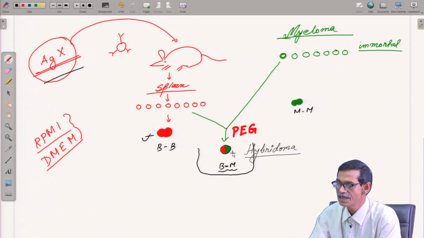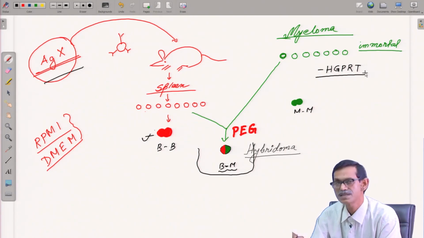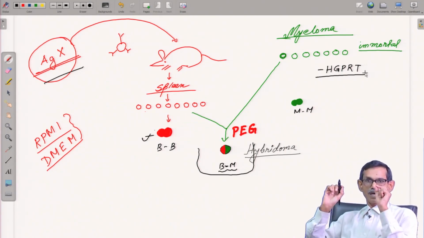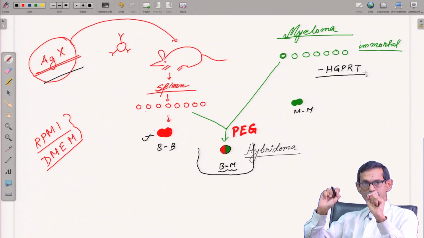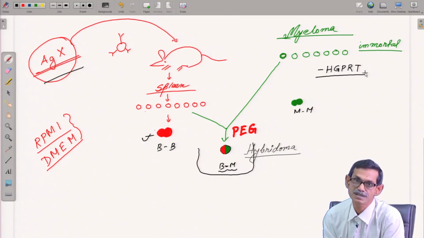For that, this myeloma cell was chosen in a way that they are mutant in HGPRT. HGPRT is an enzyme, hypoxanthine guanine phosphoribosyl transferase. What is this enzyme doing? This enzyme is actually involved in nucleic acid biosynthesis.